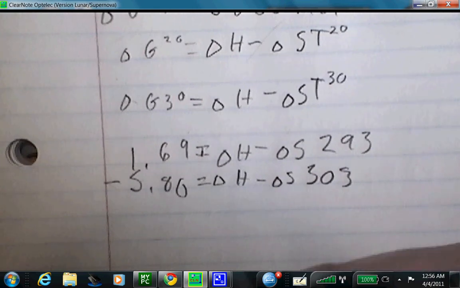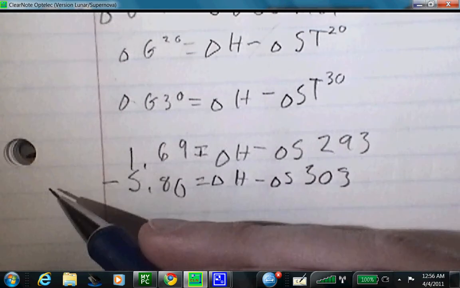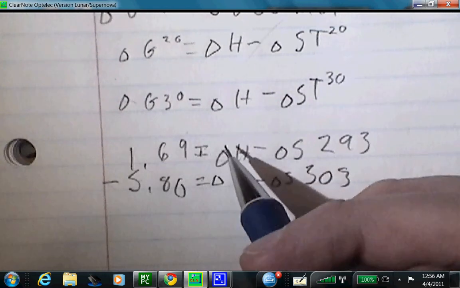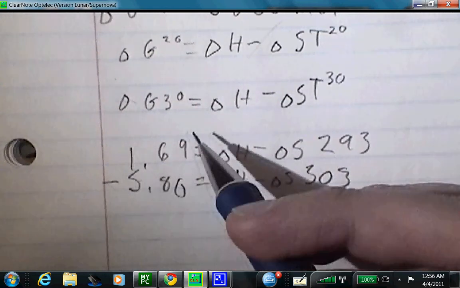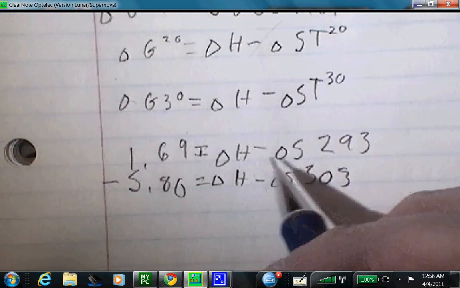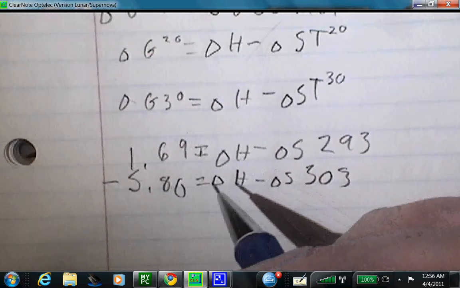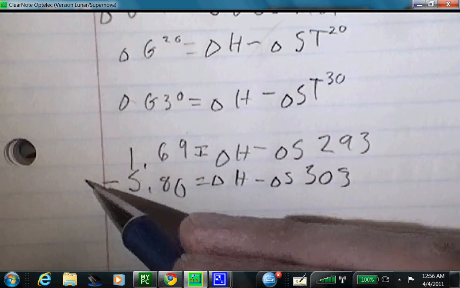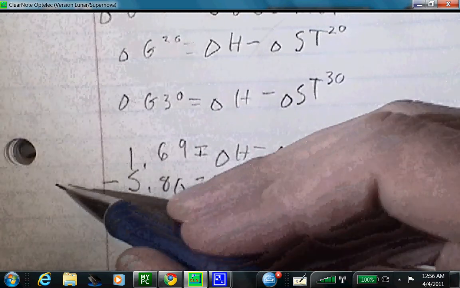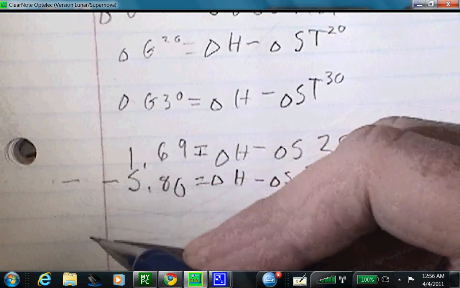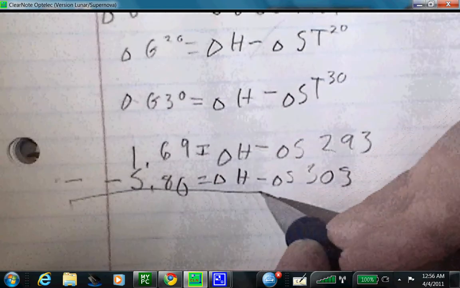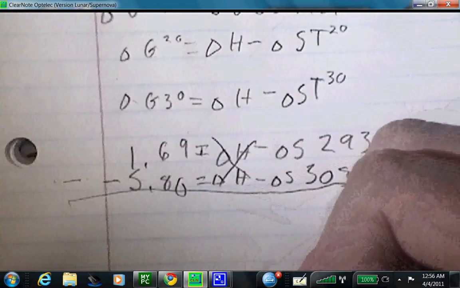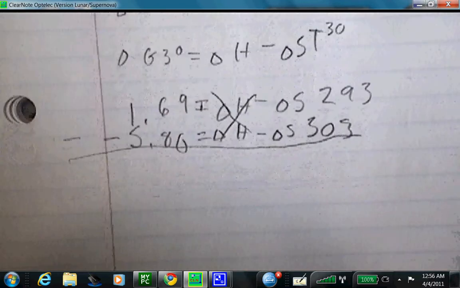So we can do this in two ways. We can either solve for delta H itself, plug it into this equation, and then solve for delta S. But when I actually did this, I found it's easier to just subtract the two equations, because when that happens, the delta H just drops off because delta H never changes.